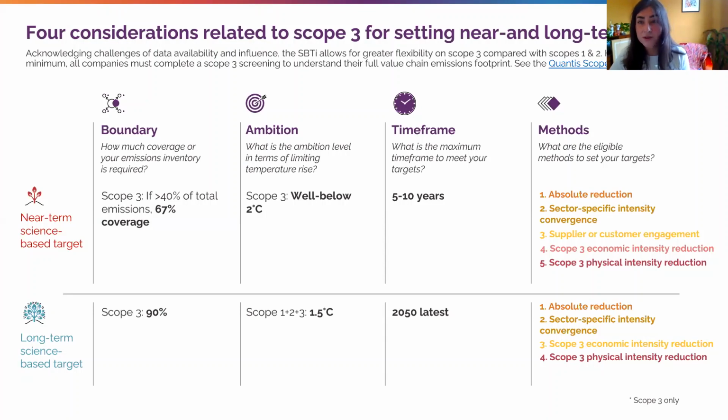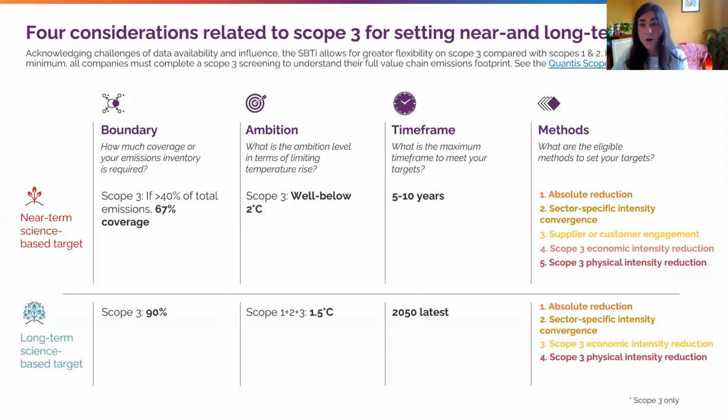Now, because of the challenges related to scope 3 and, I guess, sometimes the lack of reliability of the data, and the fact that there may be less influence, the Science Based Targets Initiative does allow for some more flexibility on scope 3.